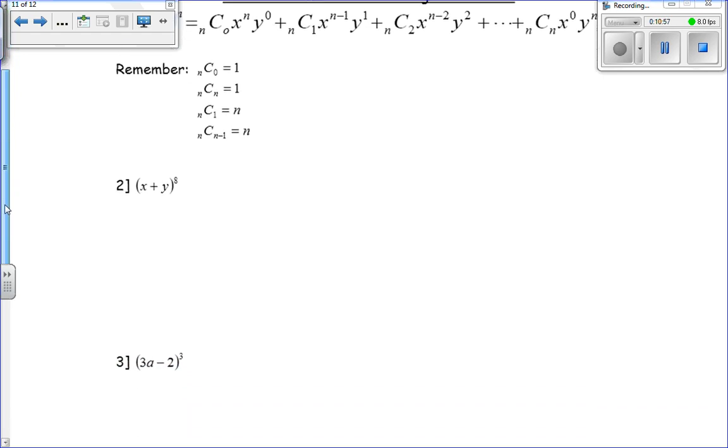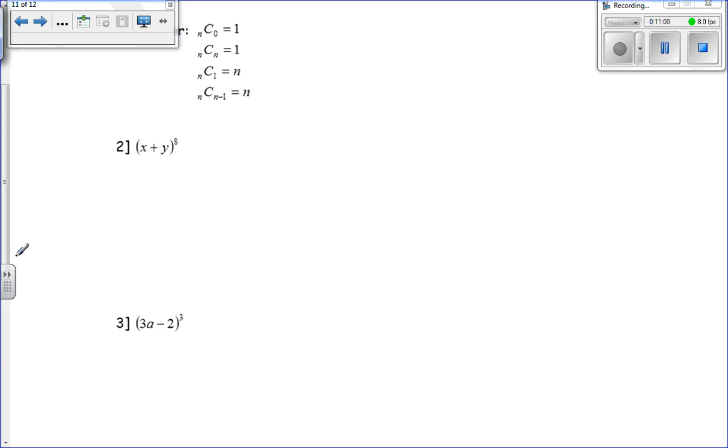Now, remember how I asked you if you wanted to find (x + 3) to the 8th power? Well, we're going to try to find (x + y) to the 8th power. I'm starting out, and I'm just way over here. There's lots of room. I will start out with 8C0. My first term is x to the 8th, y to the 0, plus.